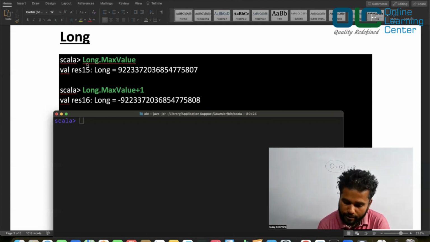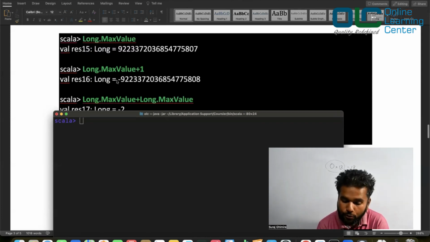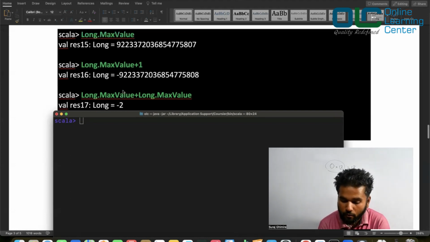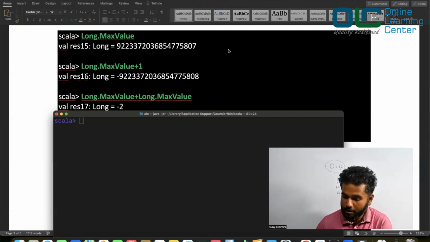Okay, now look into this. Long dot max value will give you this big number. Long dot max value plus 1 will take you to the negative cycle again. Okay, long dot max value plus long dot max value, when you add this max value 2 times, then it gives you -2. Why? Because adding those two numbers gives you a big number, and then think about that cycle, right?